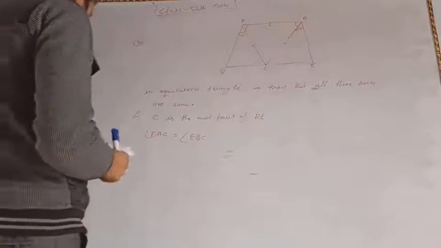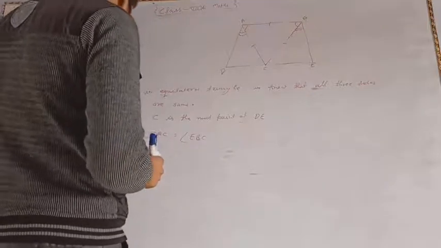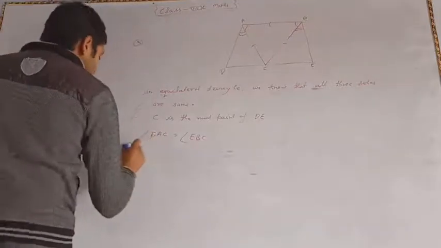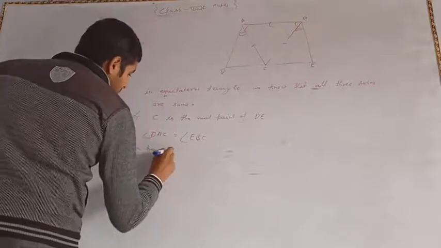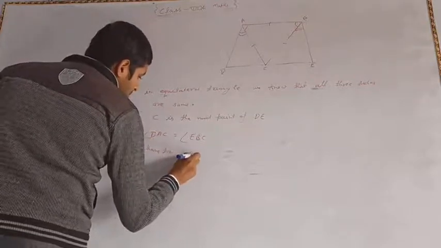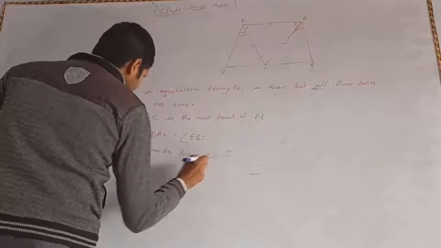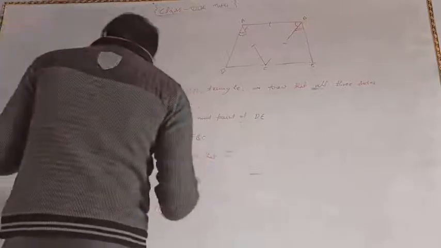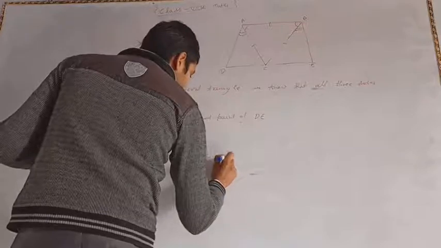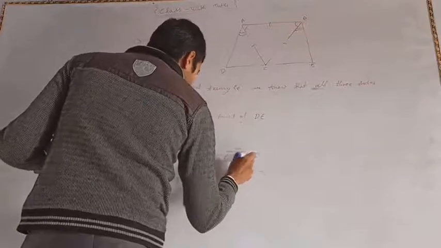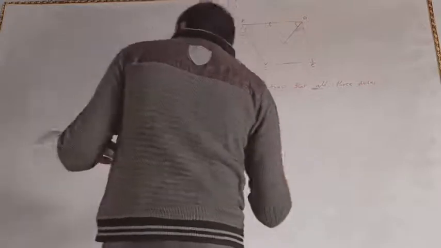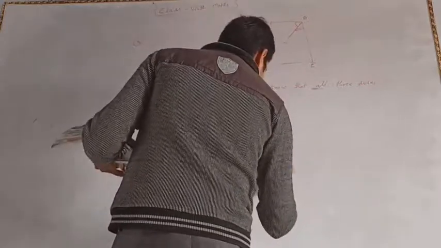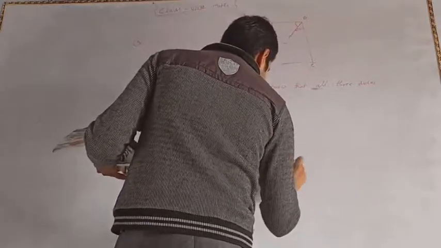So we have to prove that triangle DAC is congruent to triangle EBC.